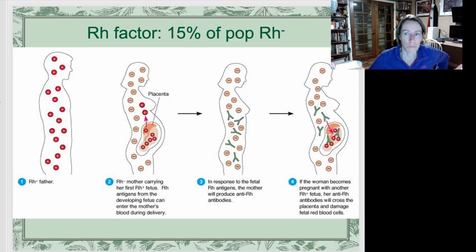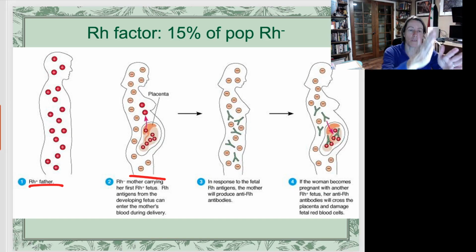Now, why is that a problem? Well, here's our Rhesus positive father, here's our Rhesus negative mother. Usually for the first pregnancy, it's okay. The mother and the baby's blood do not mix inside the mother generally. The mother's blood goes through her blood vessels in the placenta, the baby's blood goes through its own blood vessels in the placenta.